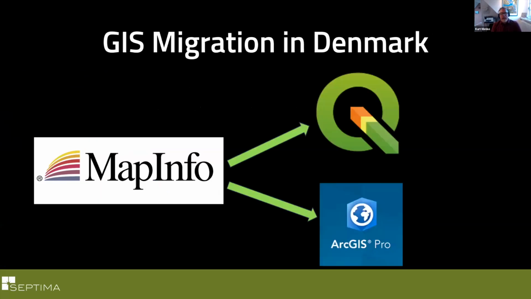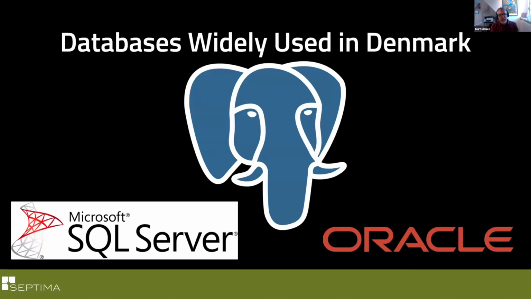As MapInfo is getting long in the tooth, everyone seems to be switching to either QGIS or Esri ArcGIS Pro. In terms of databases, these are the three widely used here: SQL Server, Oracle, but PostgreSQL seems to be the predominant one, at least in the geospatial realm here in Denmark.